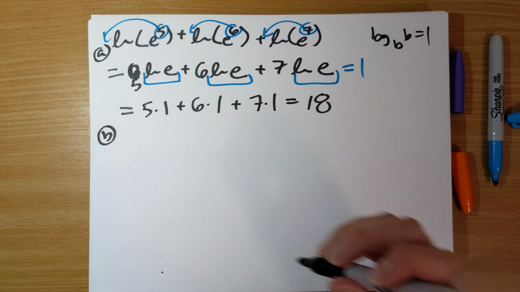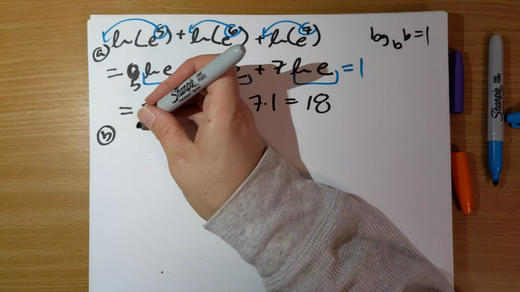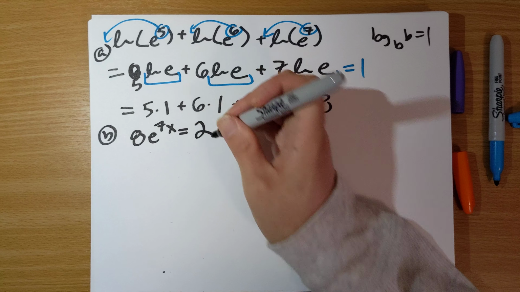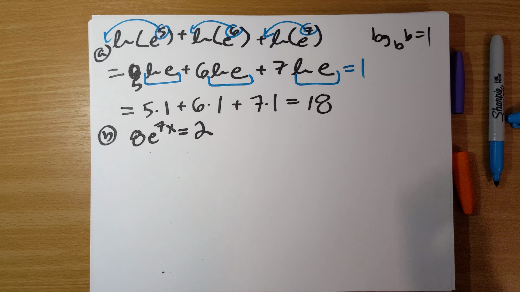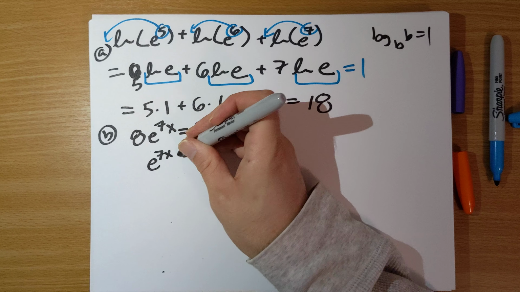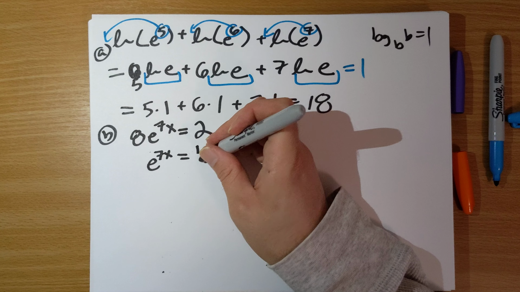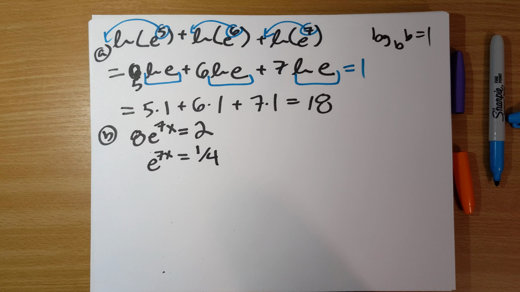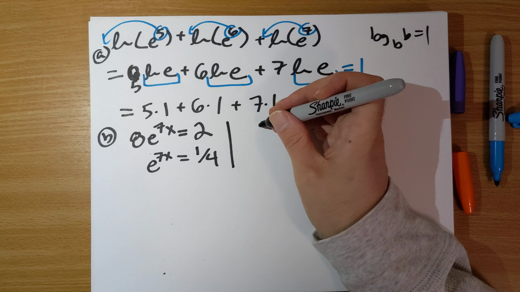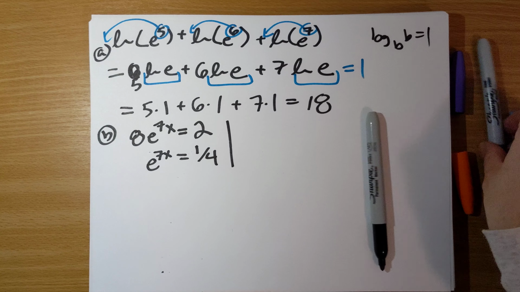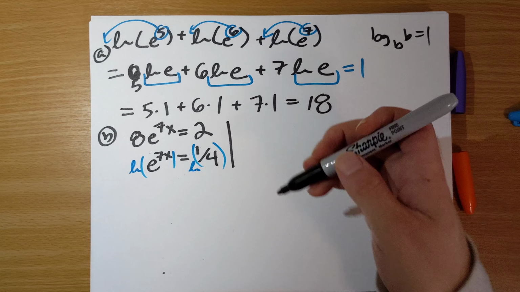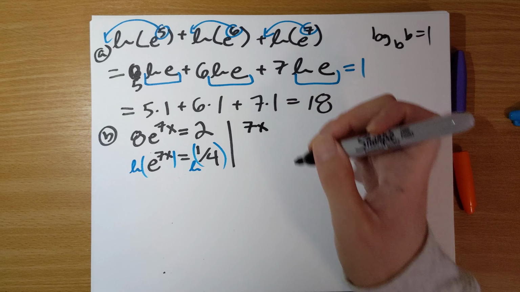Part B asks us to solve for x in 8e to the 7x is equal to 2. Dividing both sides by 8, we get e to the 7x is equal to 2 over 8, which is 1/4. When we take the natural log of both sides here, natural log of e to the 7x is just going to be 7x.